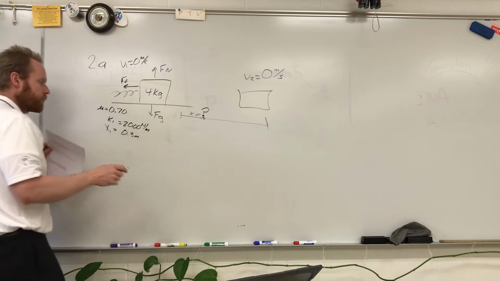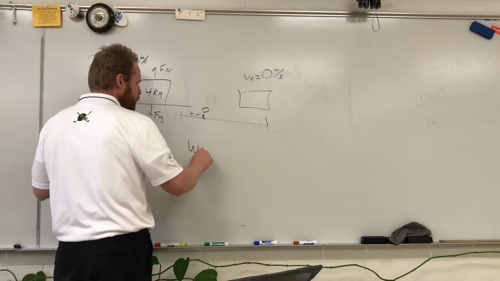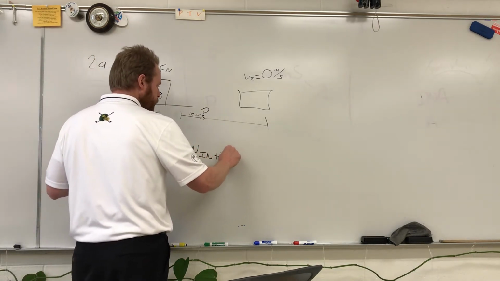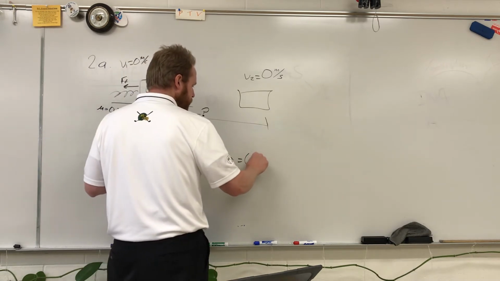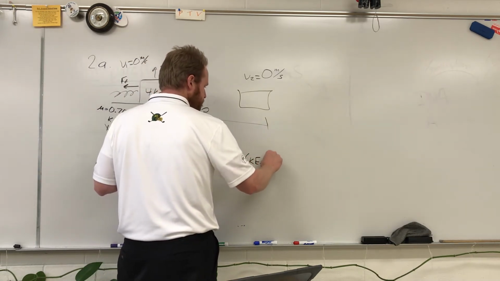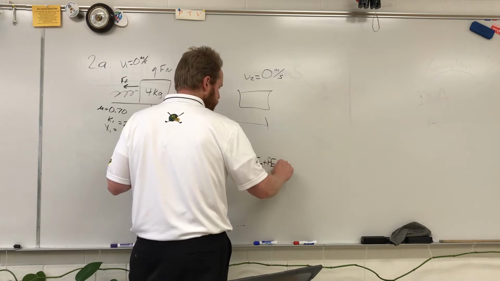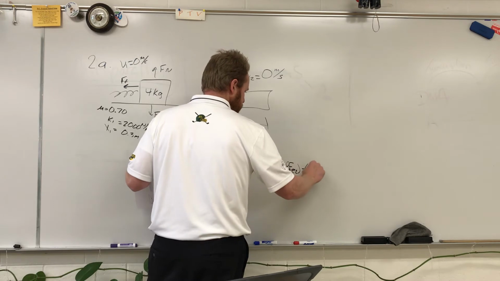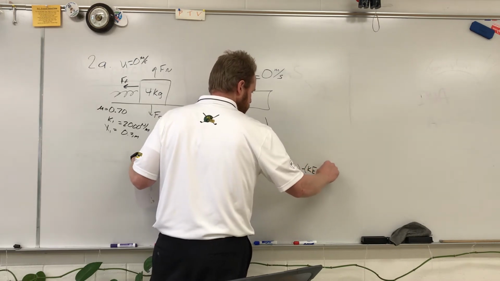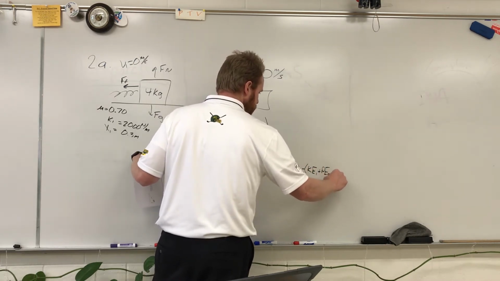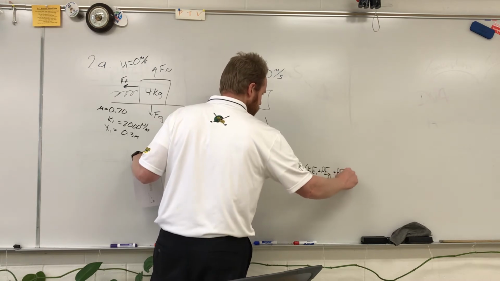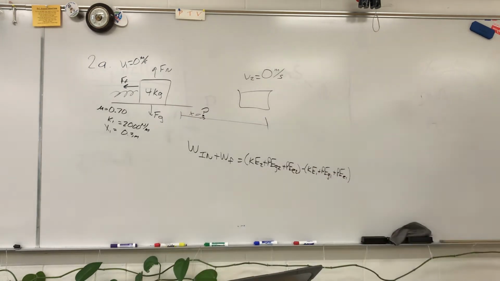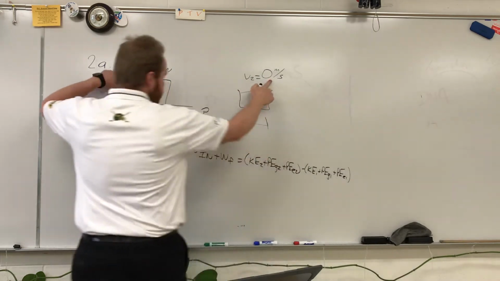Now, eventually what you're going to do is use this equation. Let me just make sure that's still in the shot. We're good. Okay. So again, starts at rest, ends at rest.